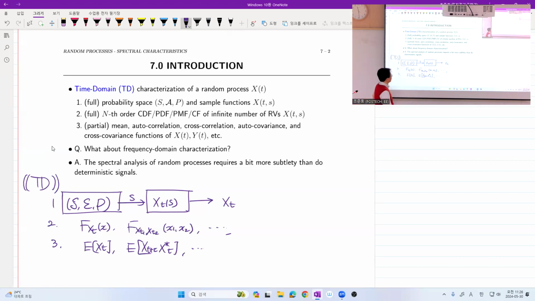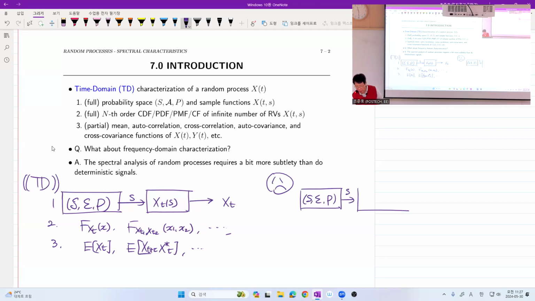Now, what would be the corresponding frequency domain characterization? When I first saw this chapter, I just believed that this chapter must be very short. Why? Because if we Fourier transform each sample path, then what? This is actually wrong, right? What I thought was this.